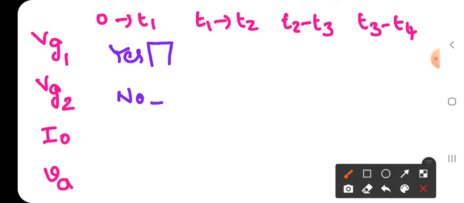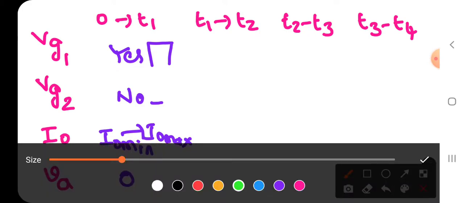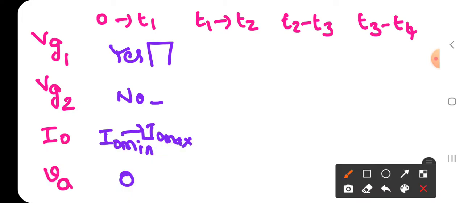Next, here I naught increases from minimum to maximum. VA will be 0. What are the devices that are on? Conducting switches are CH1 and D2. This is mode 1.